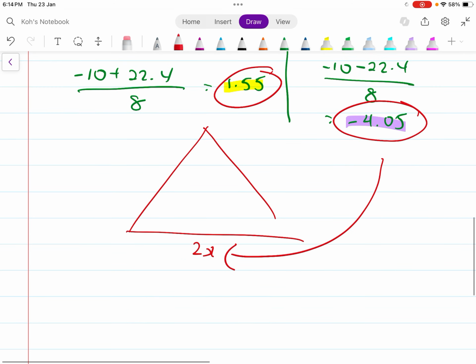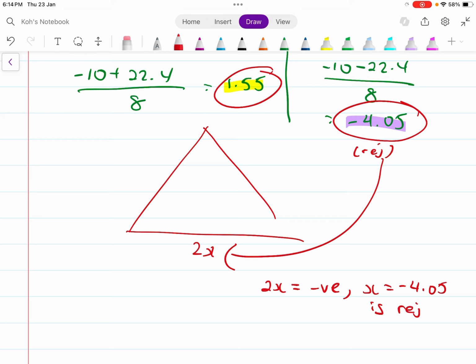So you just need to explain in this manner: 2x is negative, hence x equal to negative 4.05 is rejected.